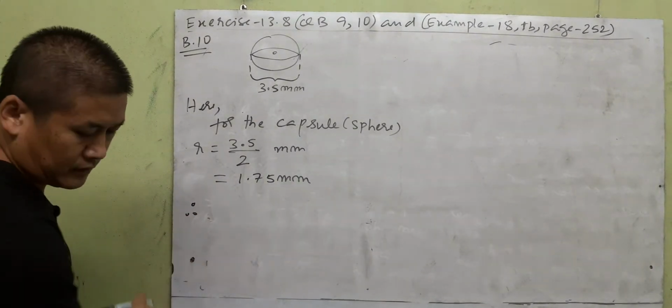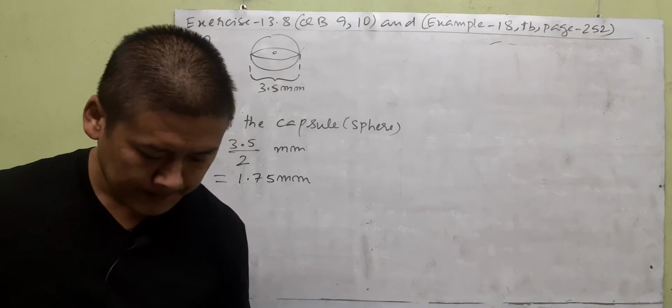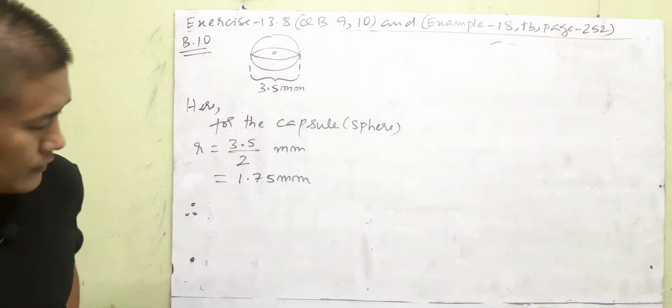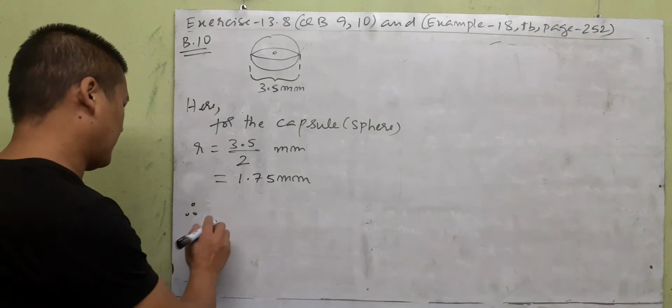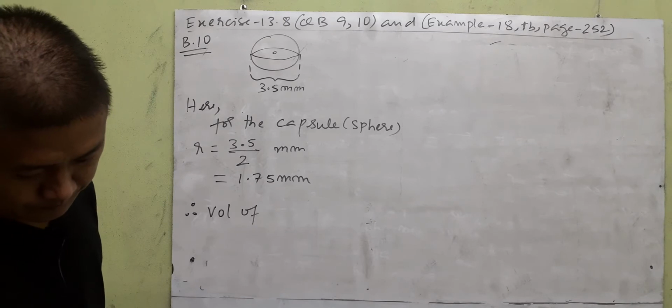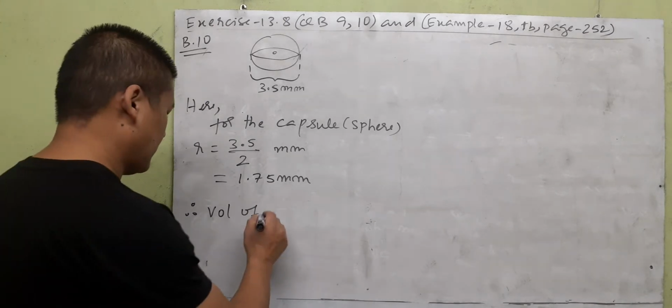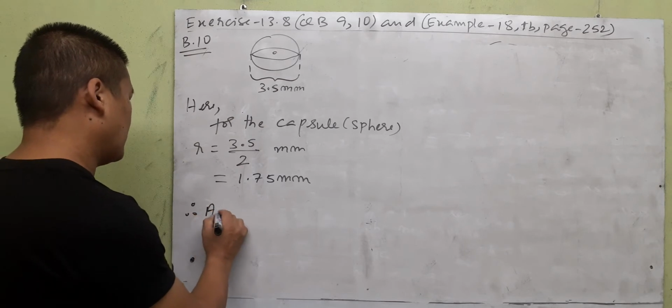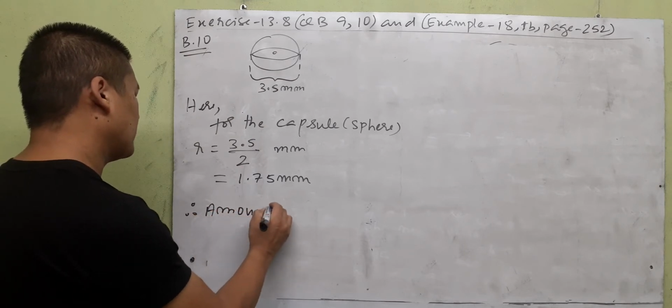Therefore, the answer to our question is, how much medicine in millimeter cube is needed? So volume of, that's what they're asking, volume of medicine or amount of medicine, whatever you like to call it, right? Amount or volume.